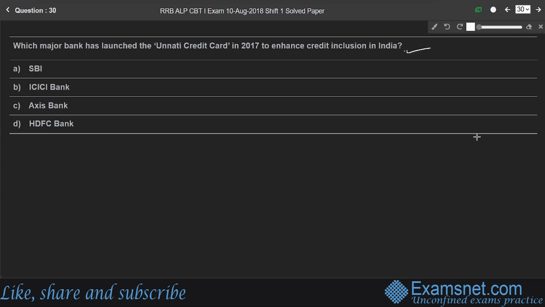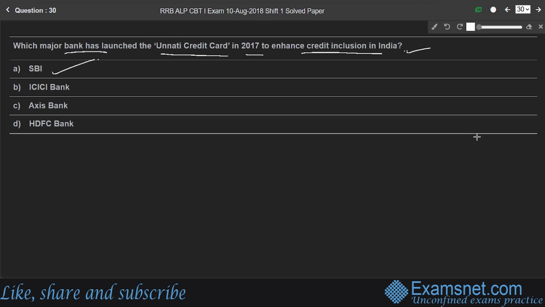Question number 30. Which major bank has launched the Unnati credit card in 2017 to enhance credit inclusion in India? SBI has launched the Unnati credit card in 2017. Option A is the right answer.